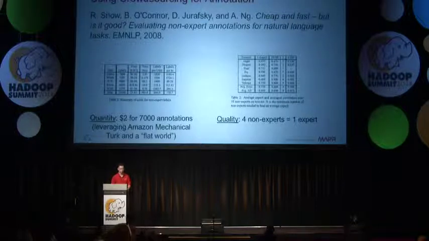So crowdsourcing, again, a very good academic paper on that matter. In that paper, they compared essentially quantity versus quality. They ran some tests or some annotations using Amazon Mechanical Turk.